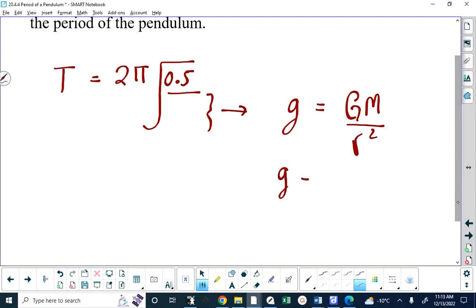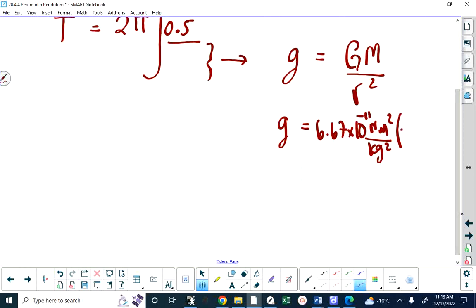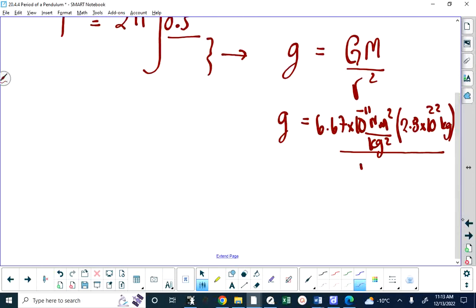So little g on the surface of this planet will be 6.67 times 10 to the negative 11 newton meters squared per kilogram squared, times the mass of the planet, which is 2.8 times 10 to the 22 kilograms, divided by the radius of the planet, quantity squared.